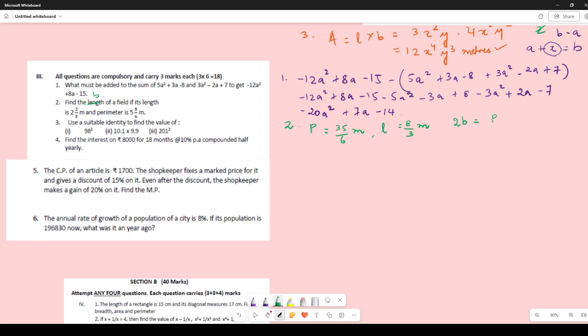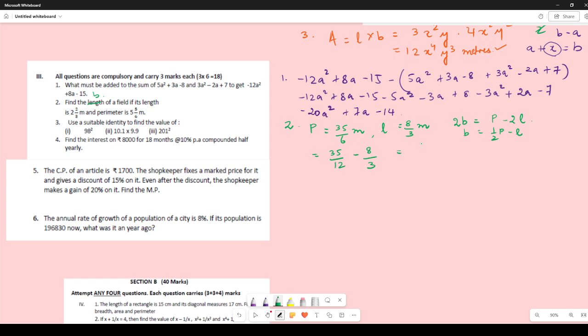Twice breadth is equal to perimeter minus twice length, or you can write breadth is equal to half perimeter minus length. So half perimeter will be 35 by 12 minus length, that is 8 by 3.